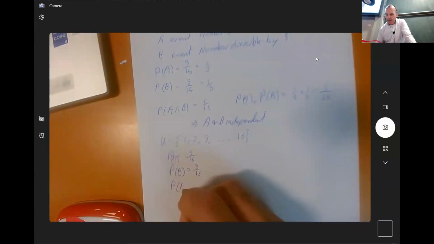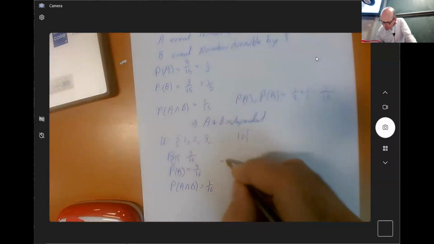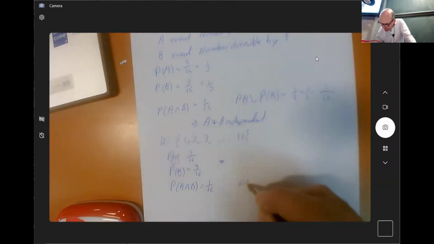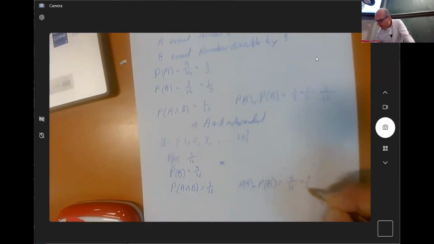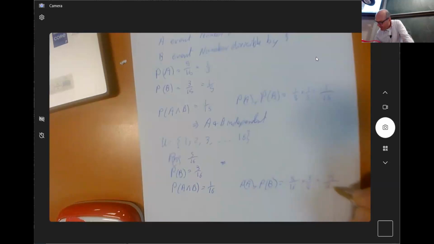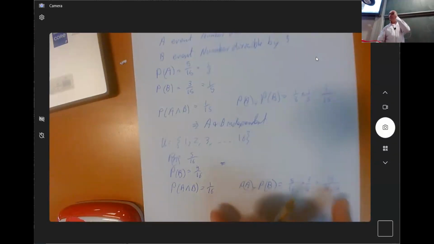And the probability of A intersection B is now 1 on 16. If I do the probability of A times the probability of B, that's going to be 5 on 16 times 3 on 16. That's going to be 15 on 16 times 16. This is now no longer equal. All right.